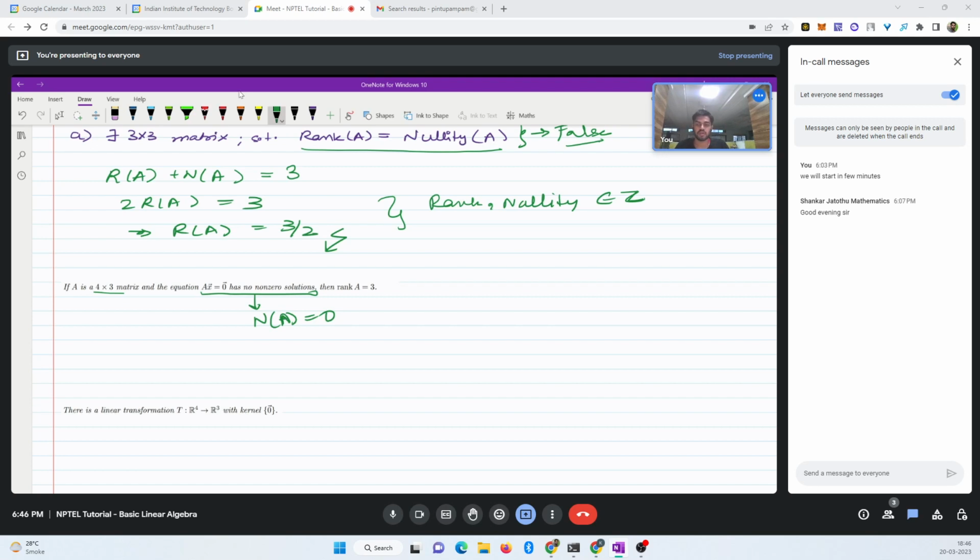Then it says that rank of A is 3. Okay, let's see. Now what we had, number of columns, which is equal to 3 in this case, is equal to rank of A plus nullity of A. We are given that nullity of A is 0, so this means 3 is equal to rank of A.